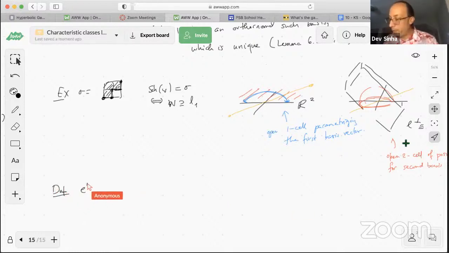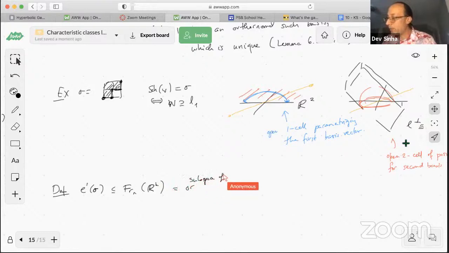So E prime sigma is sitting in a different space. It's sitting inside the n-frames within R^k, and it's the subspace of orthonormal frames b1 through bn so that bi is in this open half space.